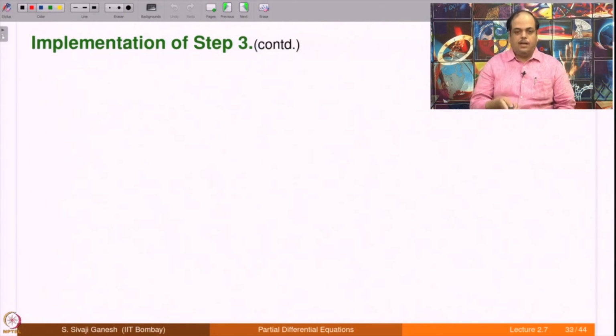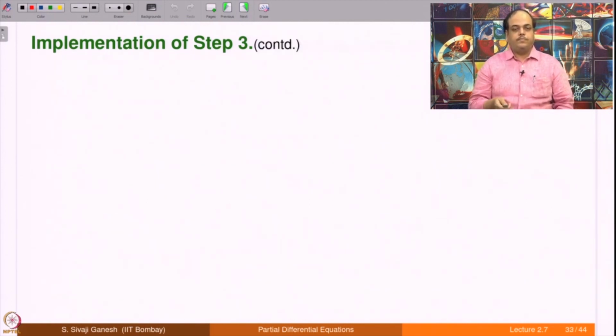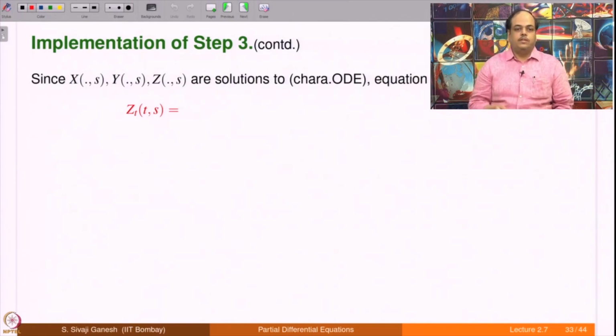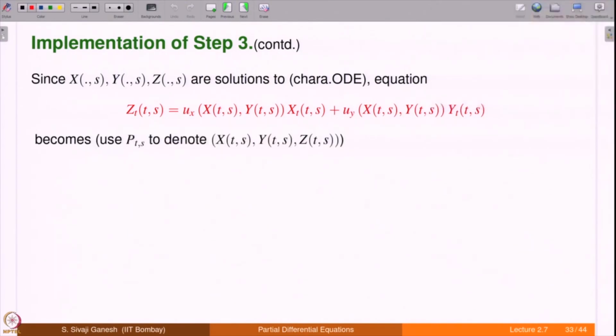You will learn this as many times as you make the mistake of differentiating this u, that is true. Okay, now it is going to work. Differentiate, we got this formula. Now, x(t,s), y(t,s) and z(t,s) are solutions to the characteristic ODE. Therefore, here the arguments will come out to be too long.